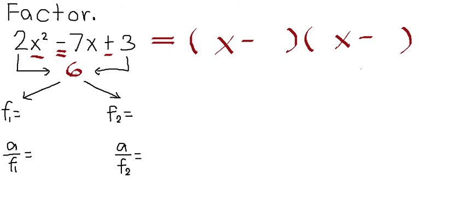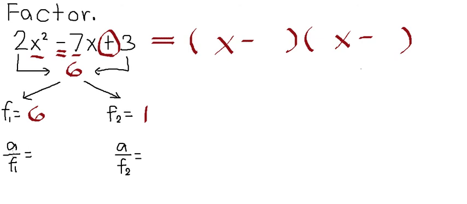Now, anong factors ng 6 na kapag pinag-add mo, ang sagot ay 7? Correct. 6 and 1. Lagi mong ilalagay ang larger factor sa f sub 1 and ang smaller factor sa f sub 2.